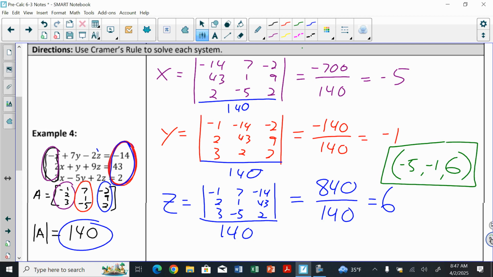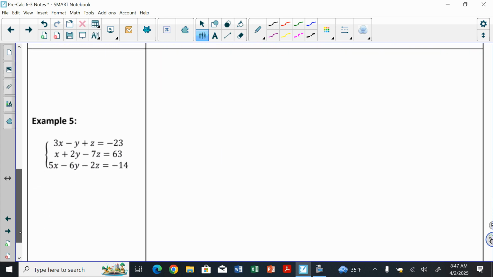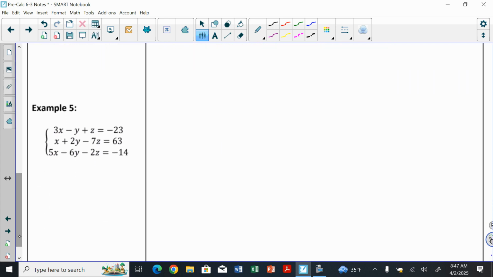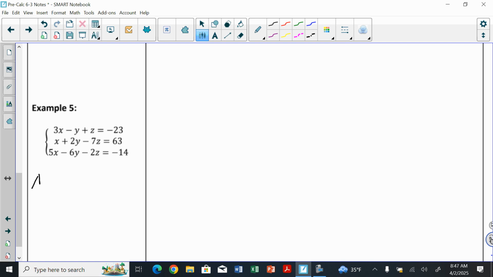Okay. Hey, let's do one more while we're at it, just to get the idea of what it would look like. So again, looking at my coefficient matrix first, I'm just going to use the coefficients here of 3, 1, 5. The middle column, negative 1, 2, negative 6. And the third column, 1, negative 7, negative 2.